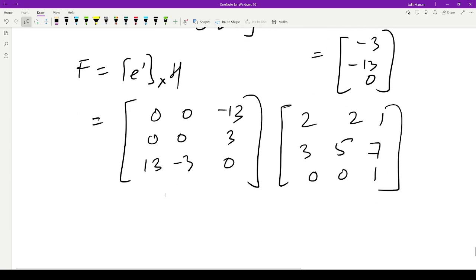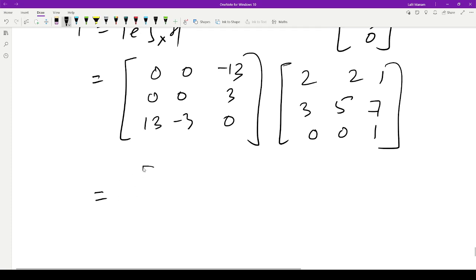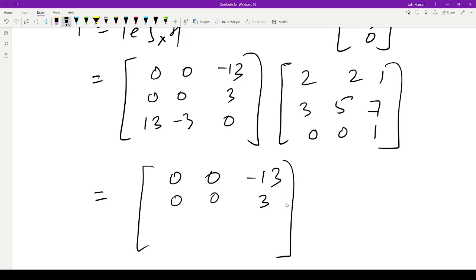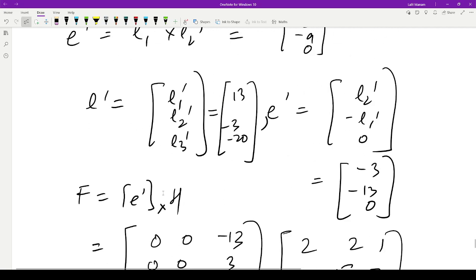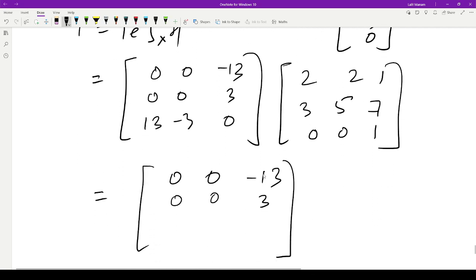Okay, which will give us some answer. And how should that answer look? We clearly know that the left four elements will be zeros, and the others. And if you remember, this will be equal to the epipole.